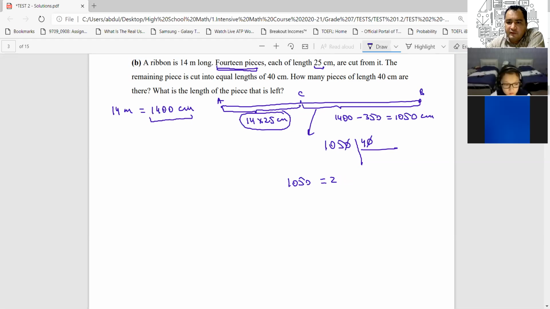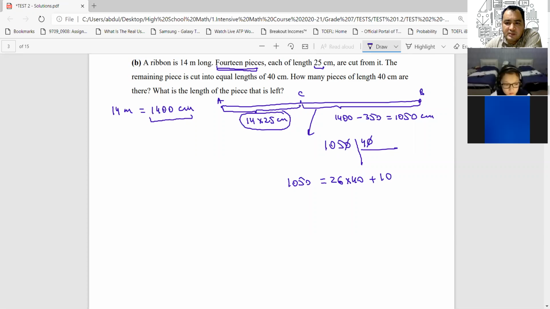So here we have 260, 40, right? So I can just write 26 times 40, plus, what is 26 times 40? That's equal to 1040. So here we have 10, right?